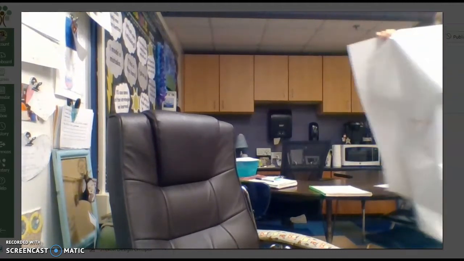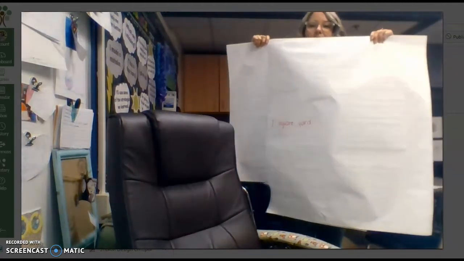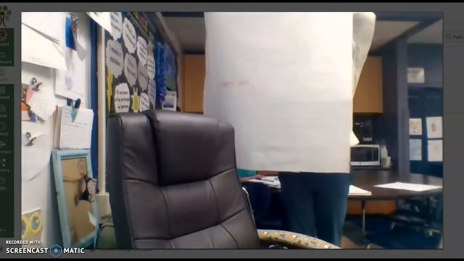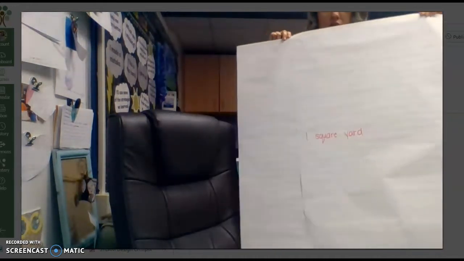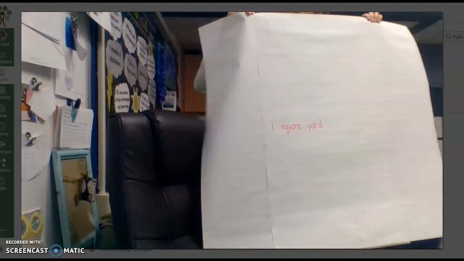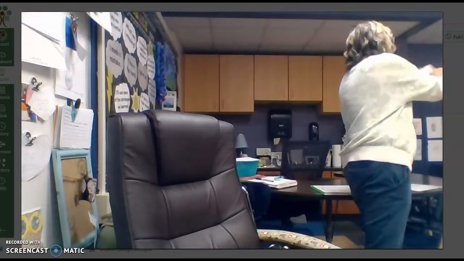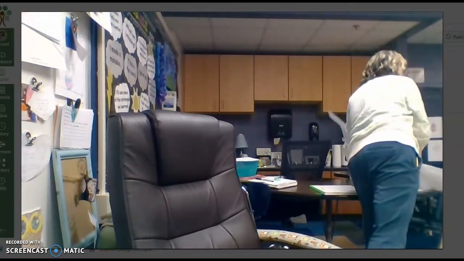This one right here, square yard. Each side of the square is 1 yard. So could you use a square yard to measure for a new rug? Probably. That's a little big, so probably more for larger rooms, or if you're building a house, you might want to use a larger unit.